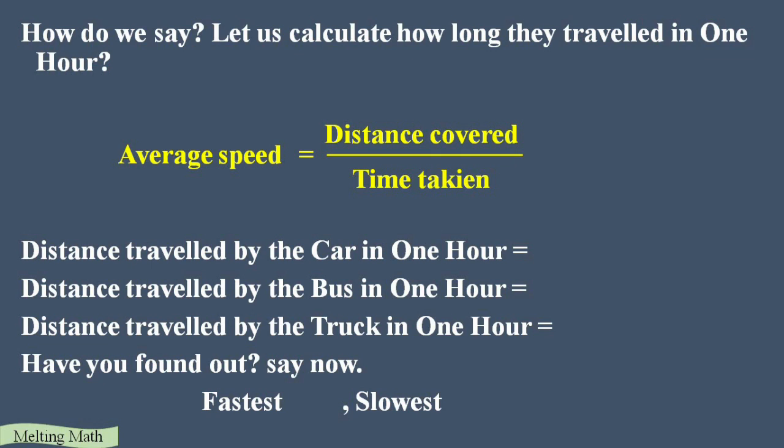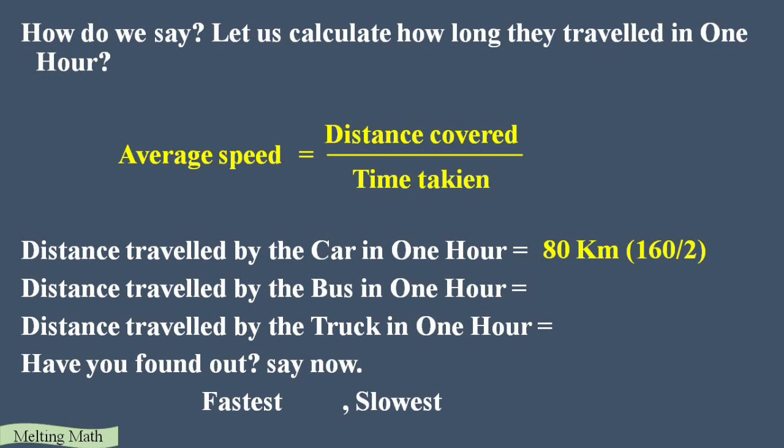For the first, the taxi, the distance traveled is 160 km and the time taken is 2 hours. So 160 divided by 2, we get 80 km per hour. Next, for the bus, distance traveled is 200 km and the time taken is 4 hours.